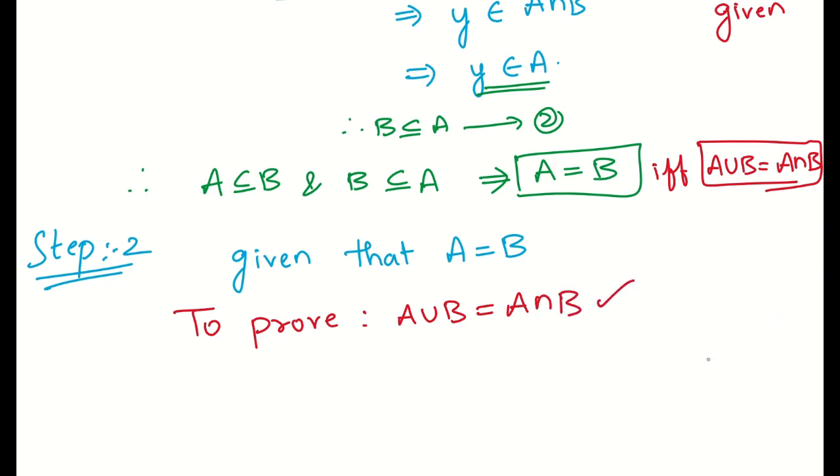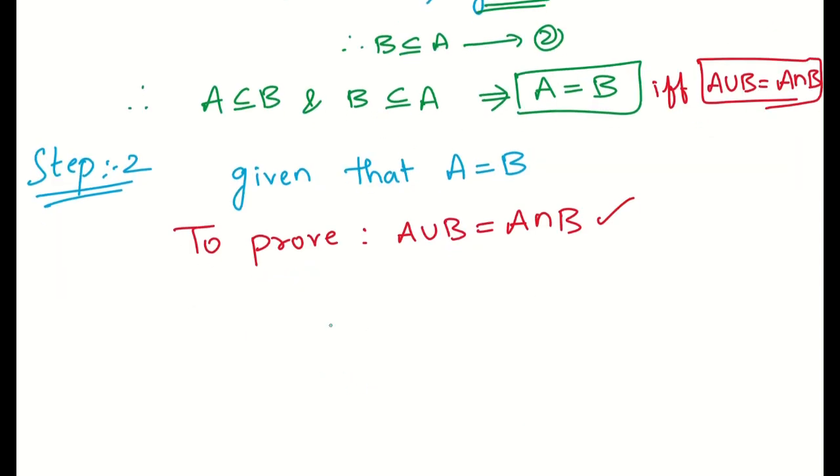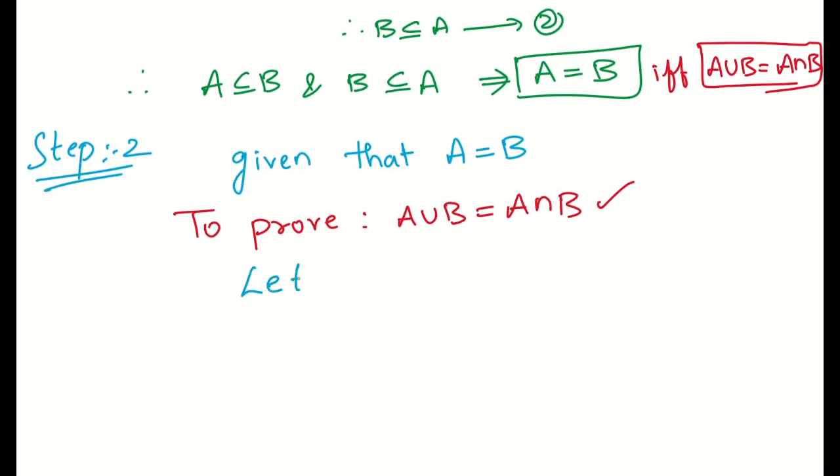For proving this, what will I do here? Let us consider the left hand side. So let us consider A union B. If I take A union B, in place of A I will be replacing with B, or in place of B I will be replacing with A. I can say that A union B is equal to A union A. What is A union A?